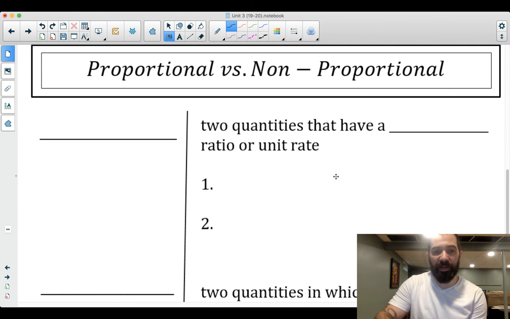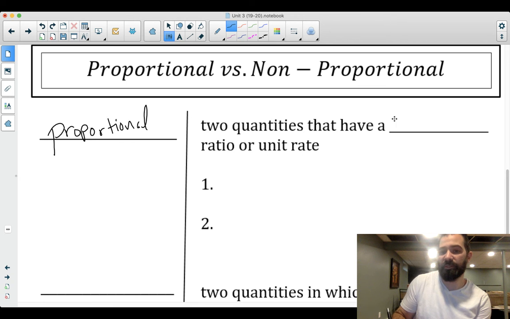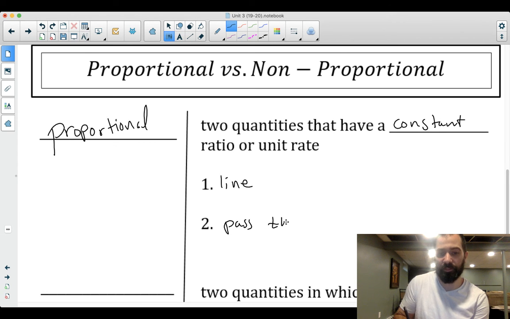All right, let's talk about our last target check here. We want to talk about proportional versus non-proportional. Proportional means you have two quantities that have a constant ratio. And that means you have to have two things. It needs to be a line, and it also needs to pass through the point 0, 0.